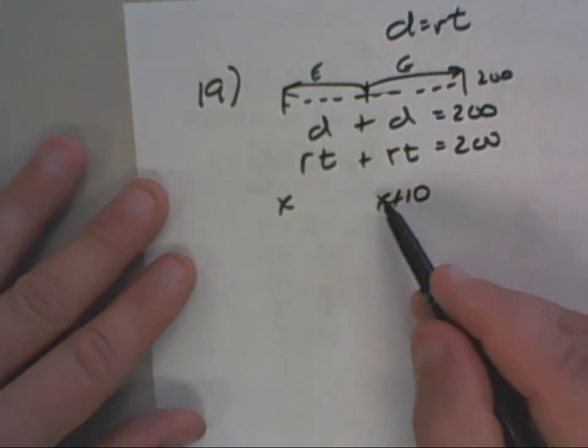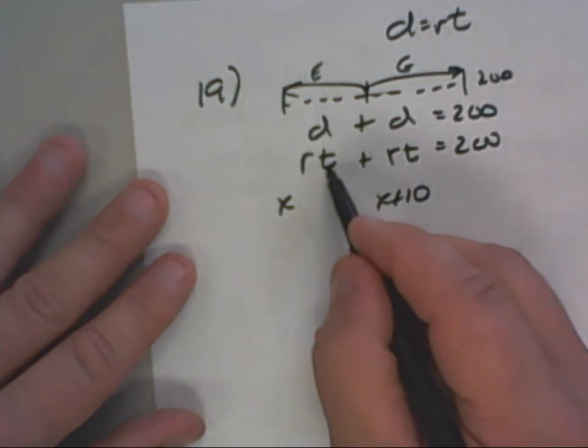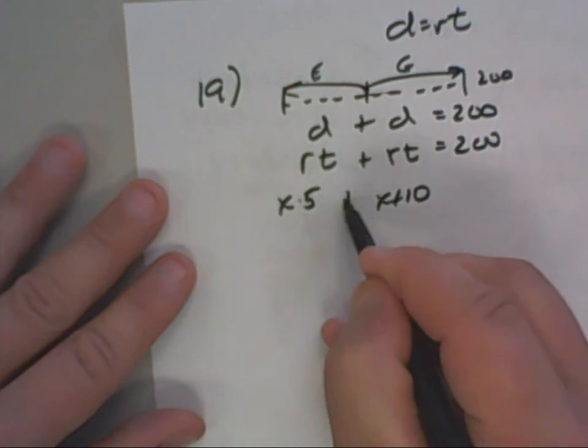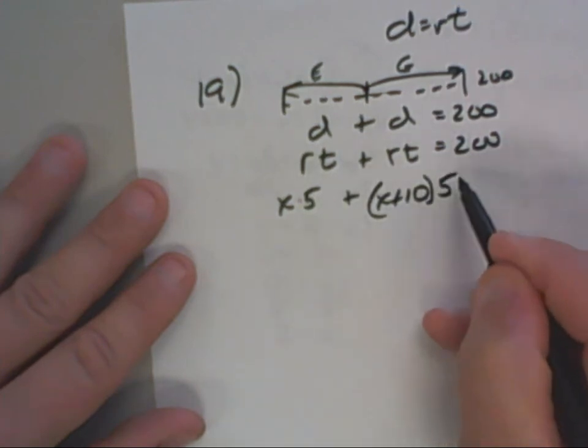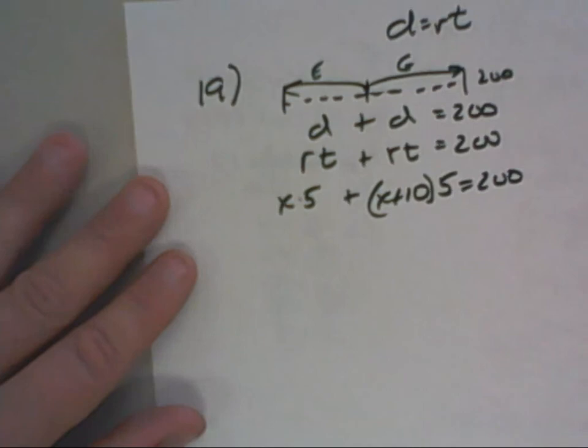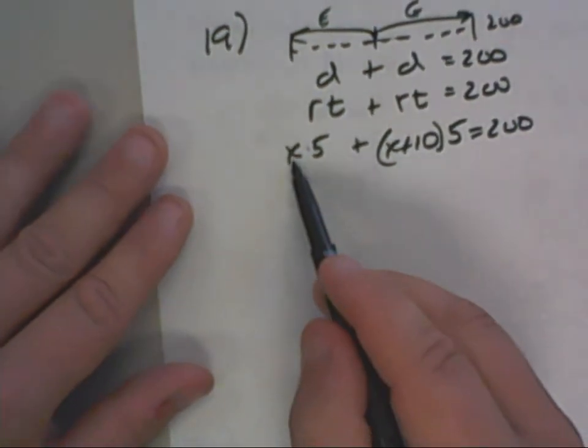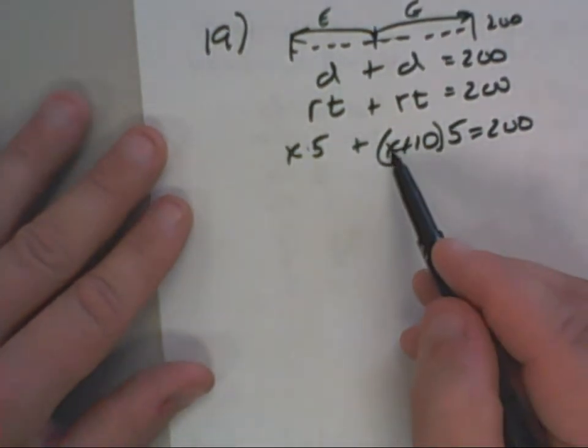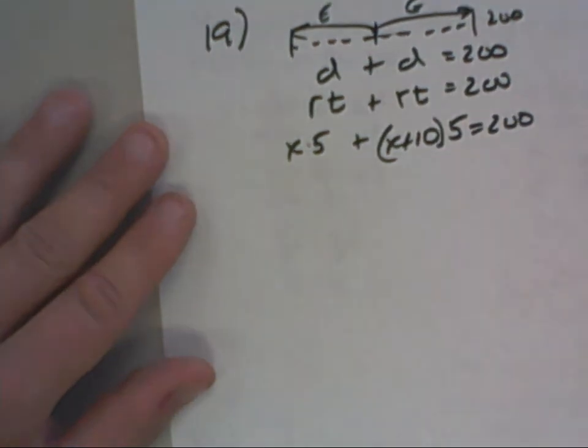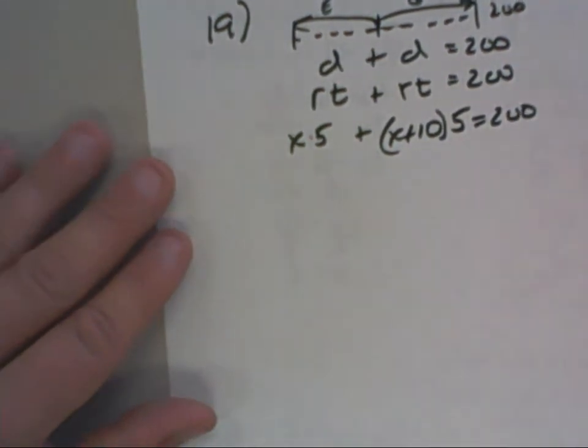Their time, they've both been gone for 5 hours. So Ellen's time is 5 hours. Greg's time is 5 hours. So we have Ellen's rate times her time plus Greg's rate times his time together is 200 miles.